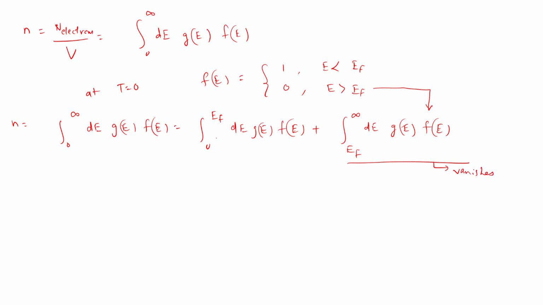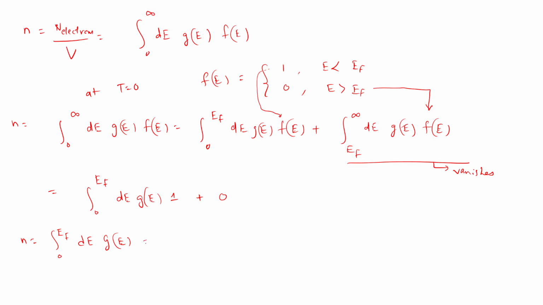When E is from 0 to EF, f of E is equal to 1, so we don't have to do anything. So basically the number density of electrons at 0 Kelvin is equal to the integral from 0 to EF of dE G(E).